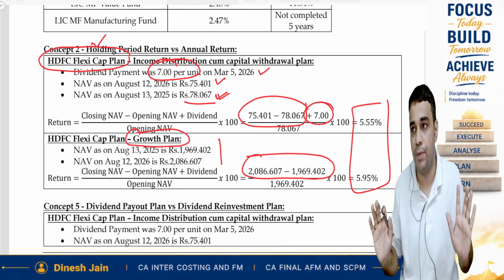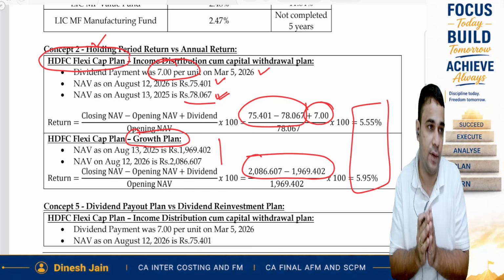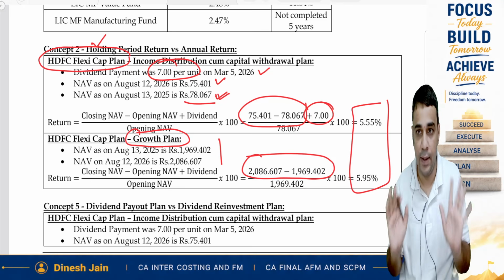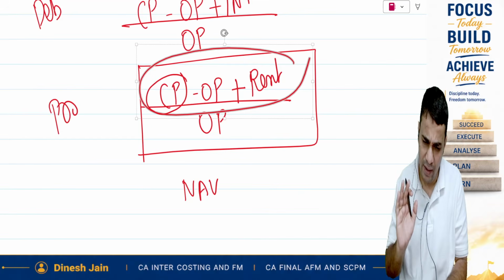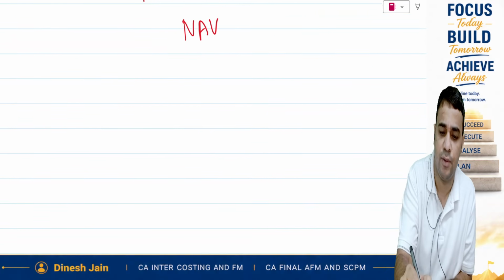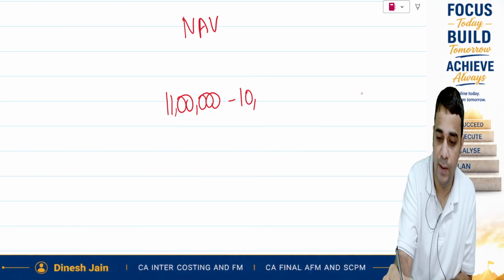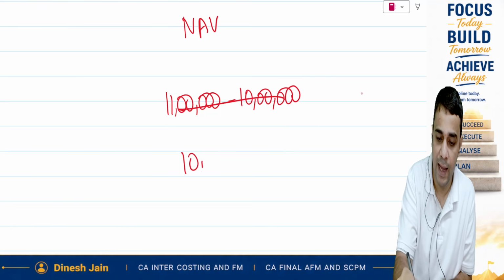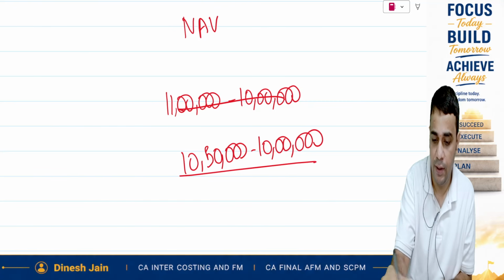The formula is very simple. What am I getting back compared with what am I giving? Any doubts on this? Was the formula understood? Okay. Now we did this calculation. 10 lakh 50 I get back, 10 lakh I invest, divided by 10 lakh.